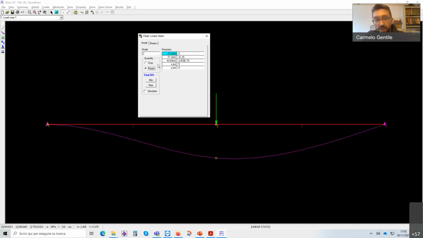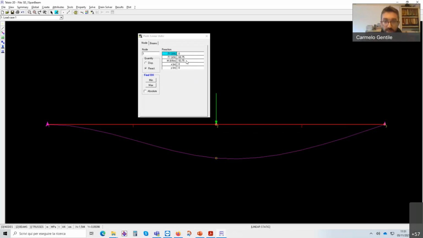Let's go and check the reactions. In node 1, we have the horizontal reaction Fx equal to 0. Fy is equal to 68.75 kilonewton, which is the same value of the shear force. So it is the vertical reaction in the node 1. The bending moment in that node is the unknown redundant bending moment that we were investigating.